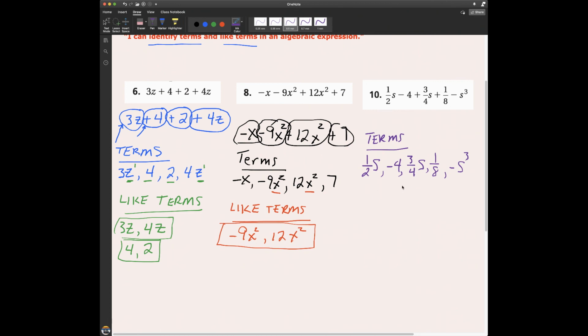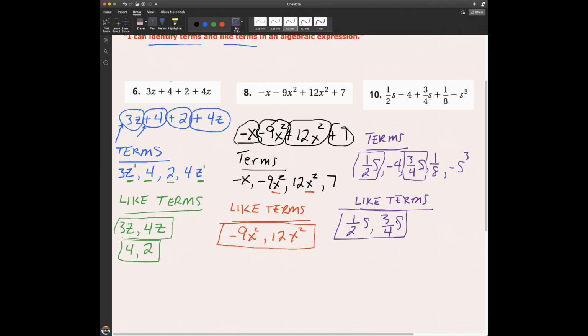Now, what about like terms? 1/2 s and 3/4 s are like terms. Let me write that down right here. Like terms: 1/2 s and 3/4 s. They have the same variable raised to the same exponent.